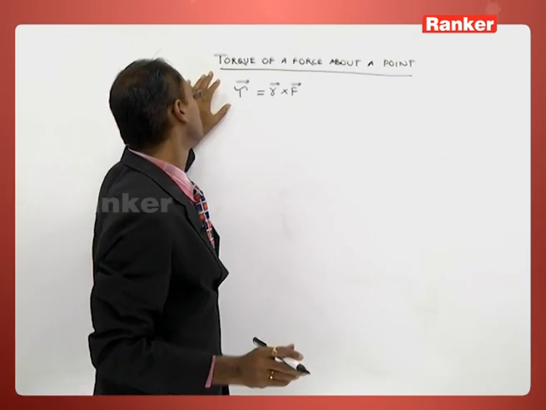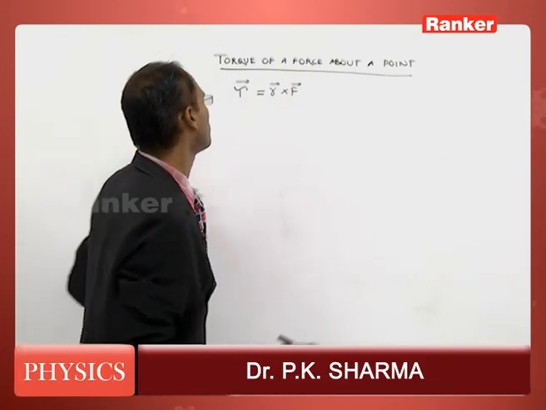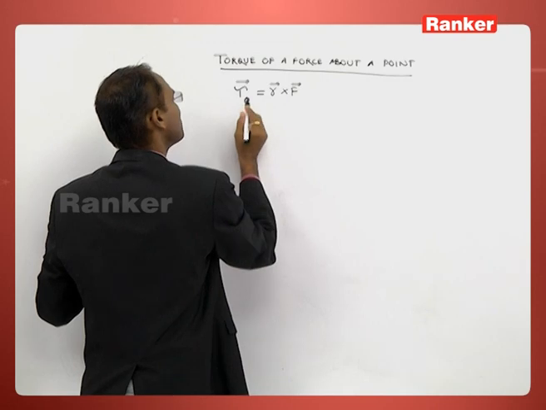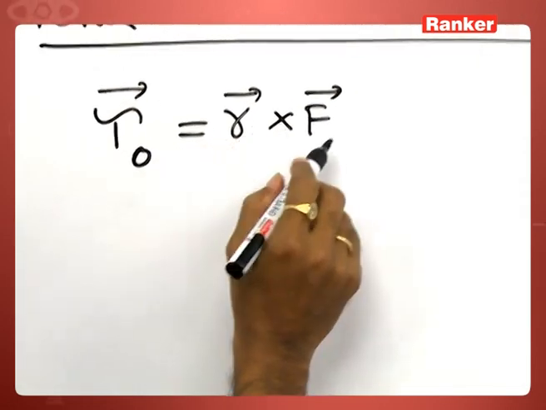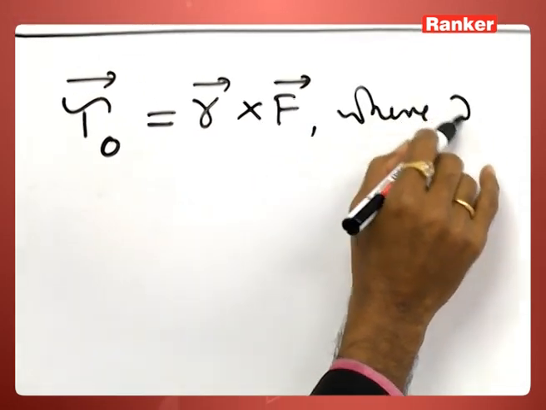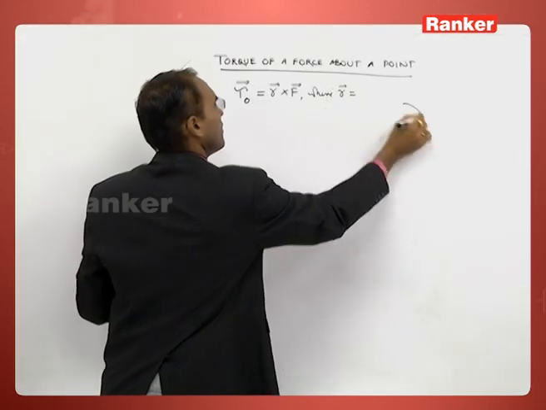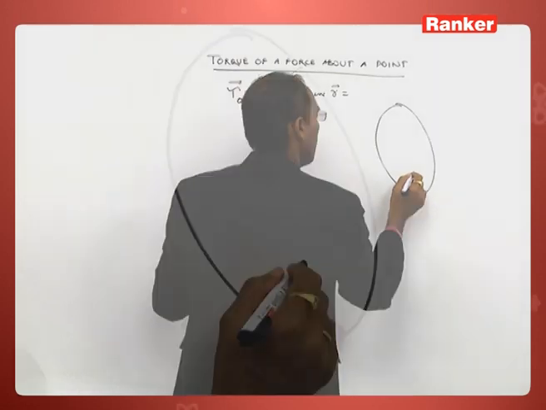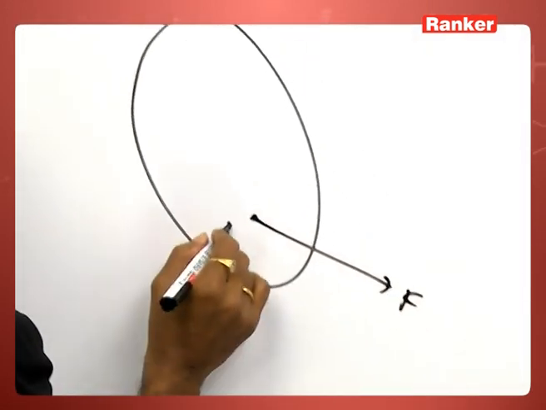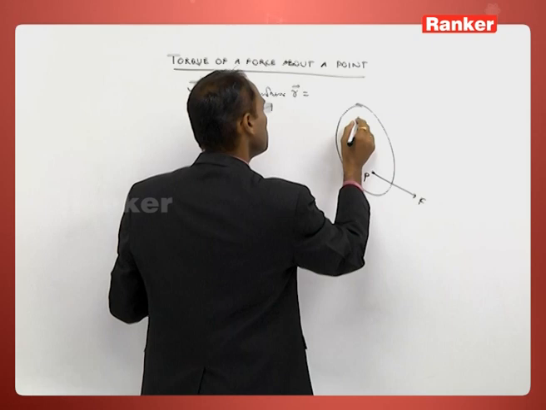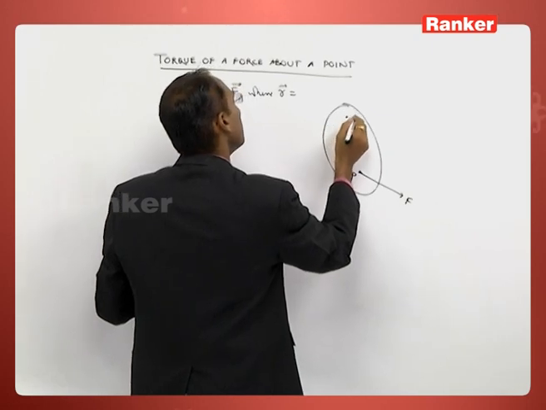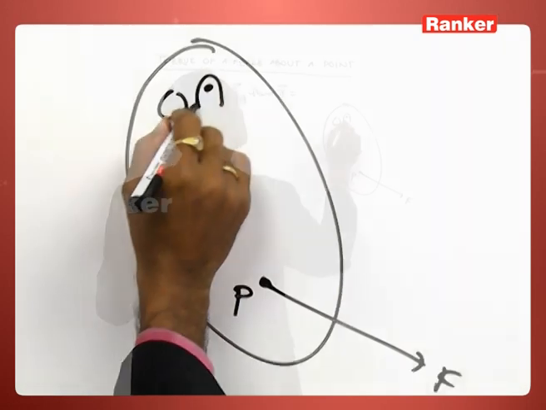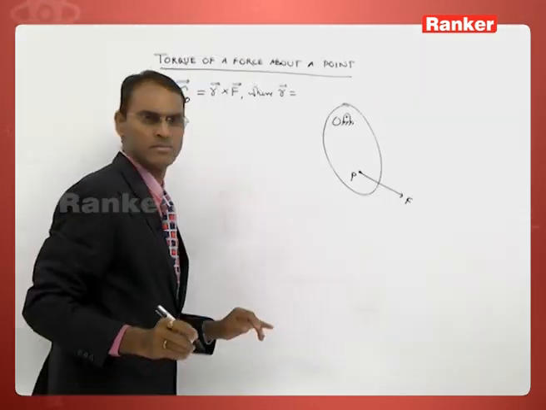So we understood that torque of a force F about a point O is given as R cross F, where R is the position of the point P where you are applying the force with respect to any reference point. For the sake of simplicity, the pivot.